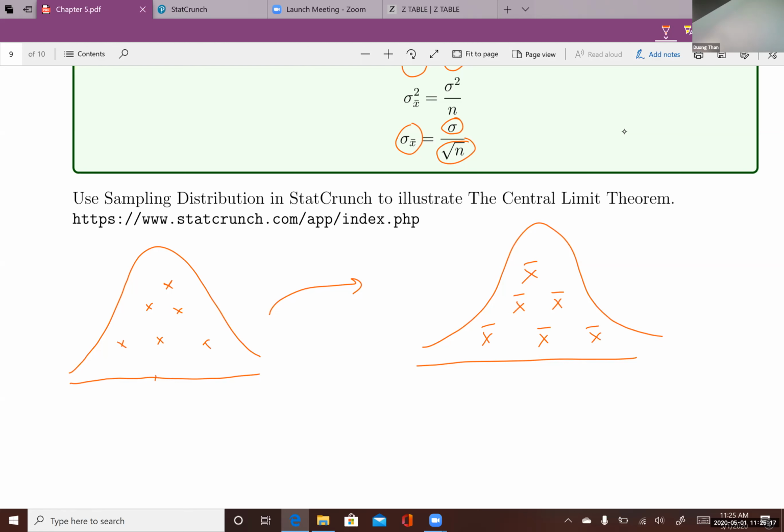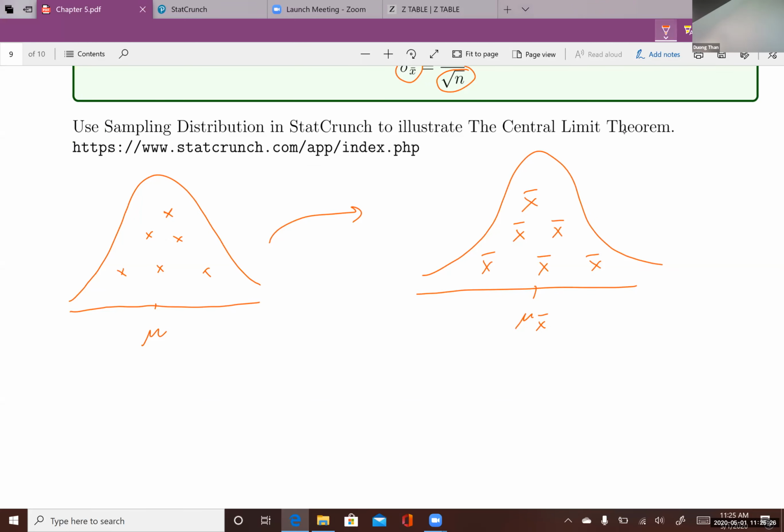And you have that sigma here is the same as sigma x bar. So this is the population, and this is the sampling distribution.